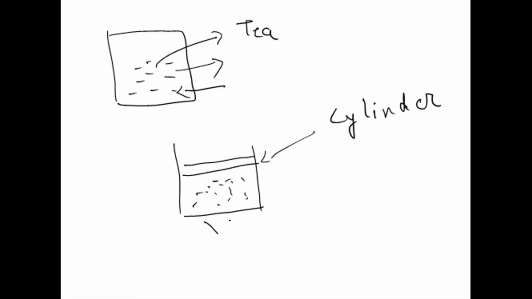If we want to heat this gas, that is possible. So heat interaction is possible, but the fluid inside this cylinder is not allowed to go outside of this cylinder. So this can be taken as a closed system. I hope that you have understood the closed system.